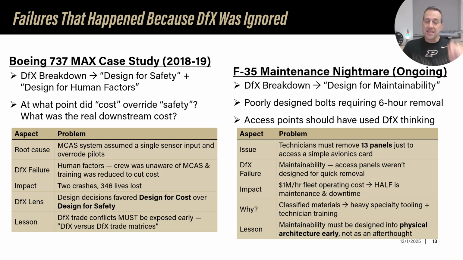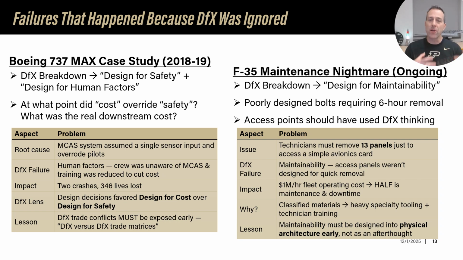The design decisions in this case of 737 MAX favored design for cost over design for safety. But the DFX issue here was that there was a conflict, and there's always a conflict. All these DFXs are in tension. They're kind of competing for our attention, right?